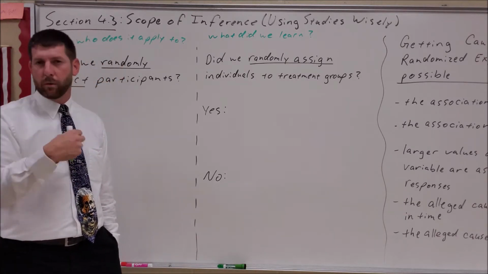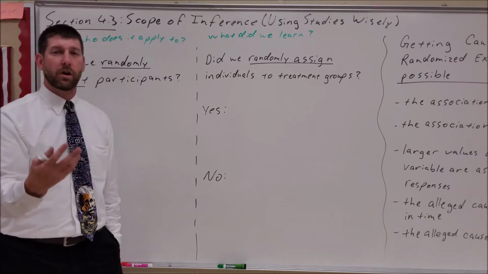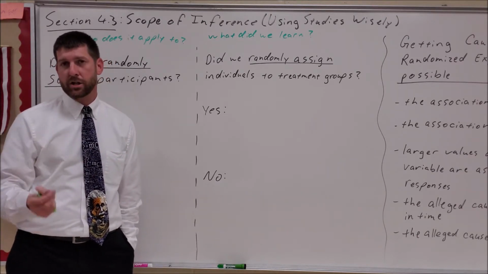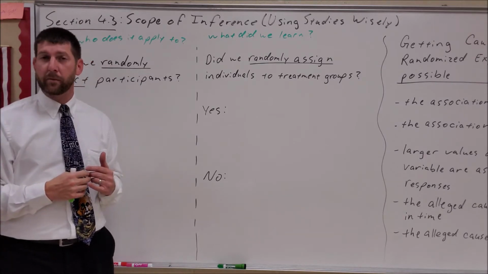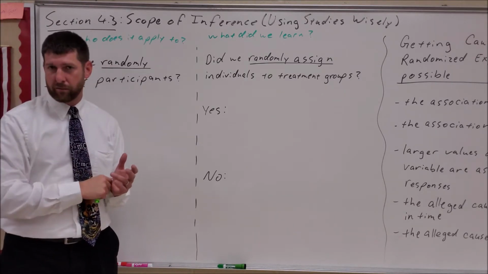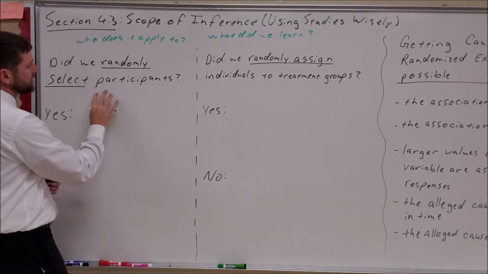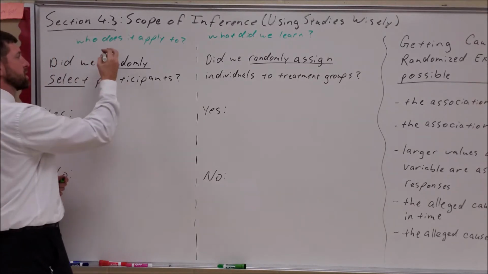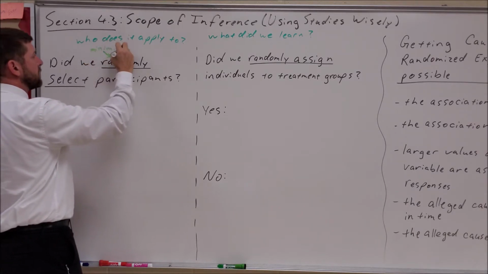What did we call that when we weren't accurately representing what was going on in a population? We called that bias. So randomization helps to minimize bias because it brings in all those little characteristics from the population and scatters them through our samples. So the purpose for randomly selecting participants is to minimize bias.